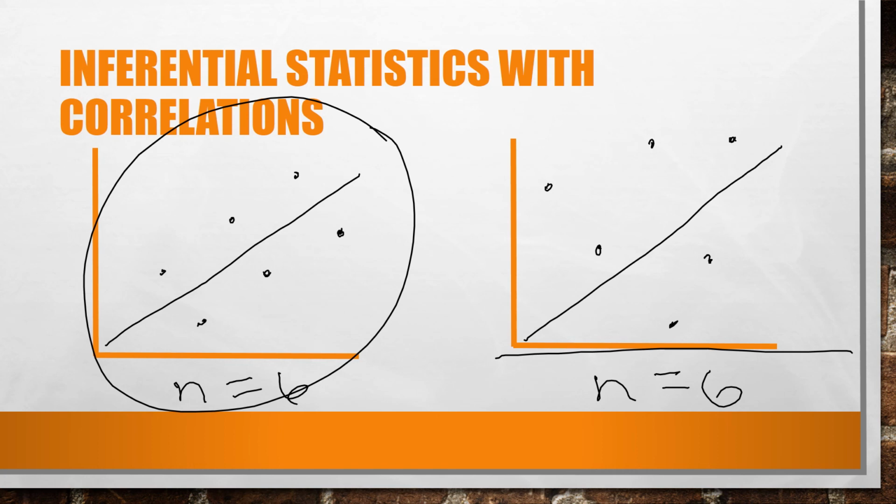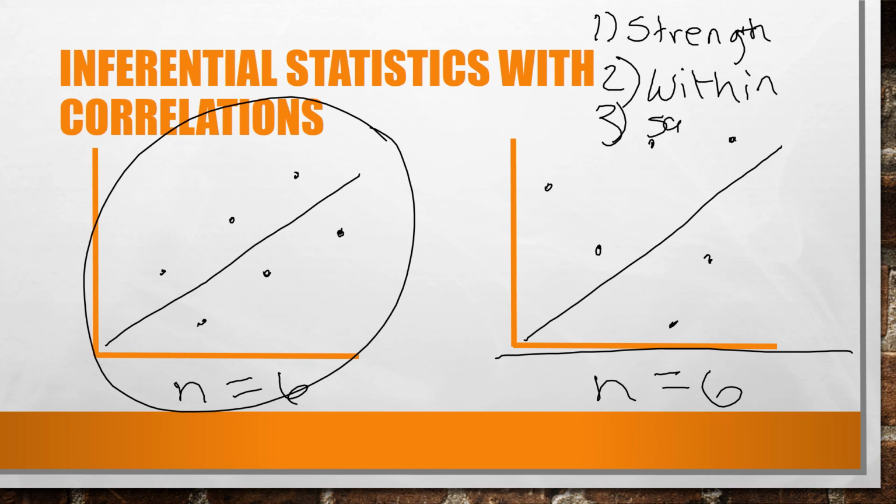So you want to consider the strength. Instead of the difference between the sample means, you want to consider the strength of the correlation. Two, you still want to consider the within variance. And three, you still want to consider the sample size.